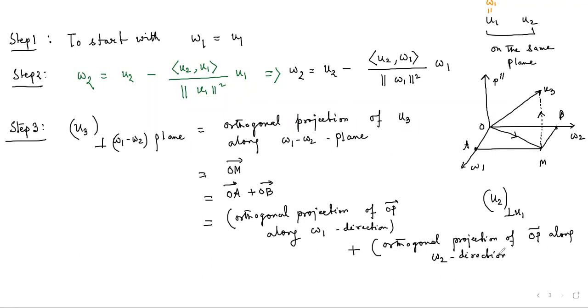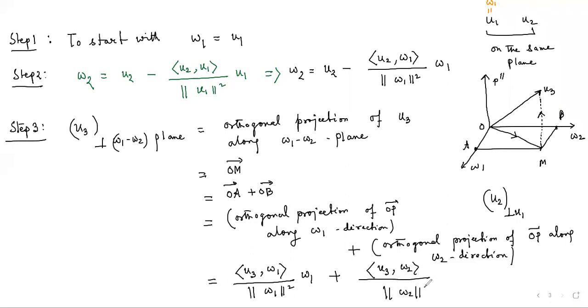This will be the same as the inner product of u3 and w1 divided by norm of w1 square multiplied by w1, plus the inner product of u3 and w2 divided by norm of w2 square multiplied by w2. I'm not writing the vector sign, I might forget always. This is the orthogonal projection of u3 along the w1 w2 plane.